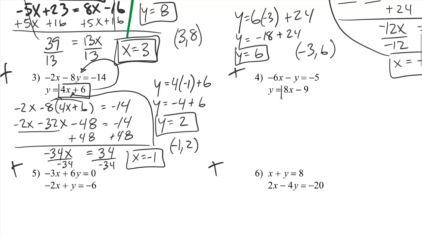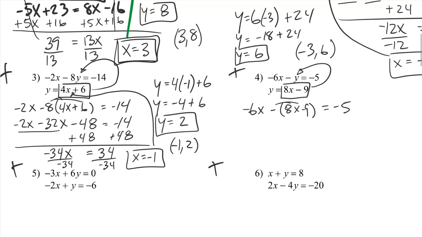Problem 4. Going to substitute in our value of y, in for y in the other equation. Negative 6x minus y equals negative 5. And we substitute in 8x minus 9.